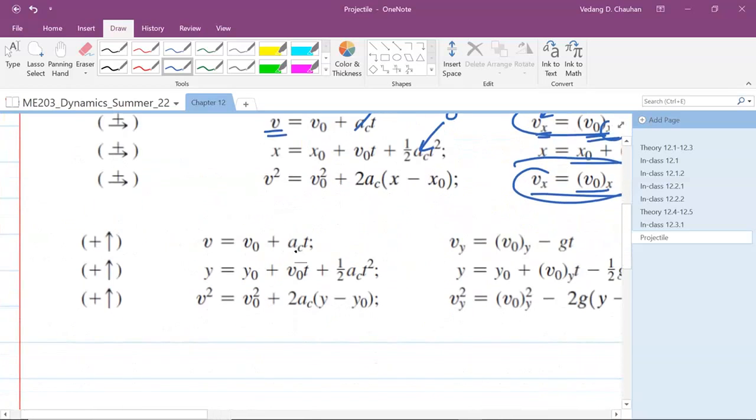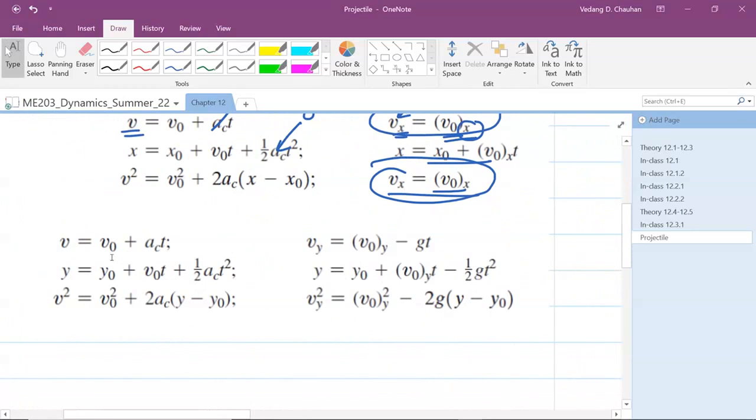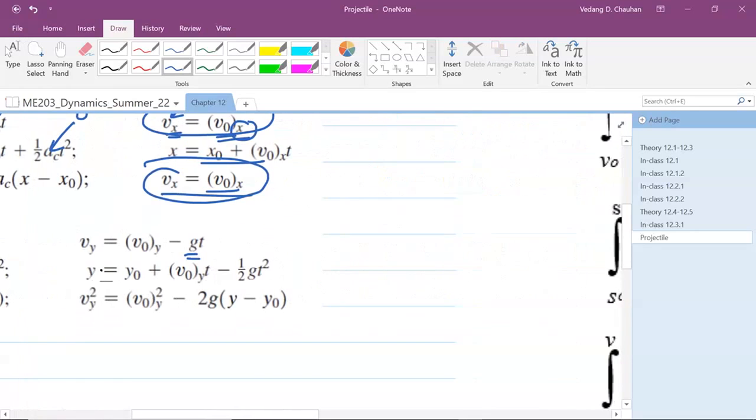Now if we apply that to only the y motion, which is vertical going up, then we have three equations here, and we substitute acceleration equal to negative gravity, because gravity acts down and we defined positive motion as going up. Then the velocity in the y direction is this, the position in the y direction can be defined using this equation, and there is also a third equation.